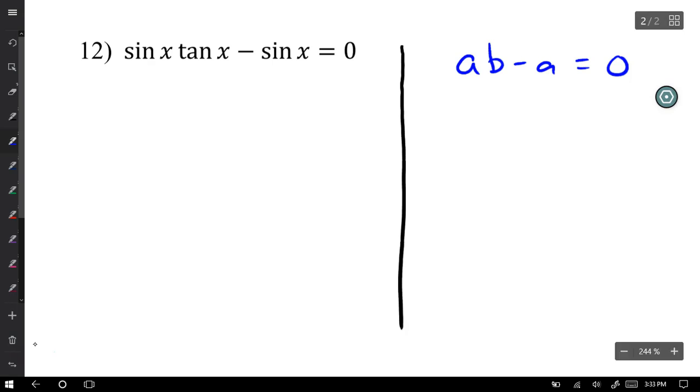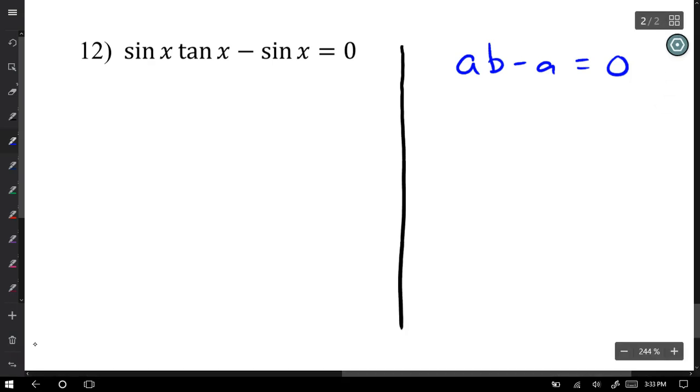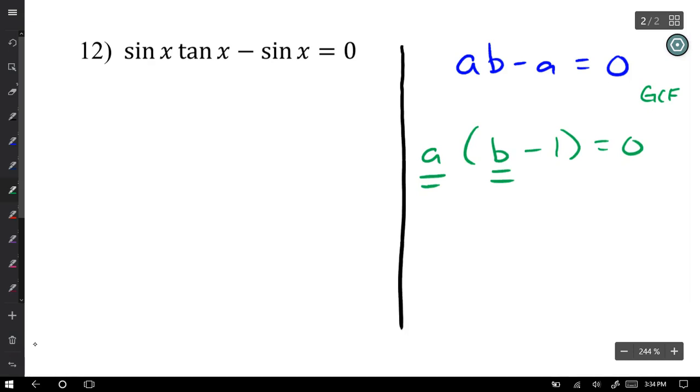Same format for structure. Well, if I look at this, how do I solve? I'm going to take out a GCF. They have an A in common. And if I take it out, I'm left with B minus 1. So notice my variables are now separate factors. That is crucial for solving. Together we can't solve, but if we pull them into separate factors, we can.